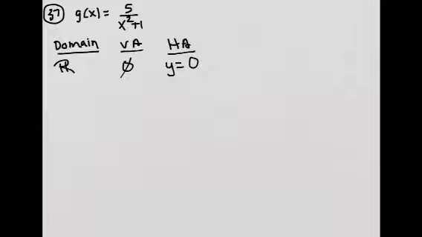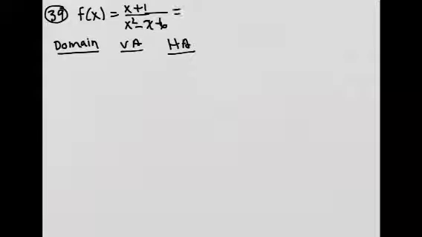Y equals 0. So 39, we go ahead and factor. We get x minus 3 times the quantity x plus 2, and the domain would be all x such that x cannot equal 3 or negative 2.